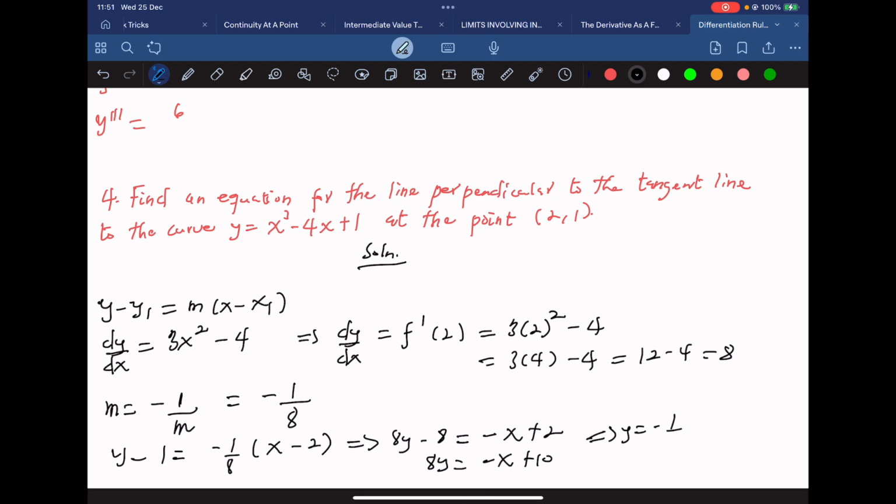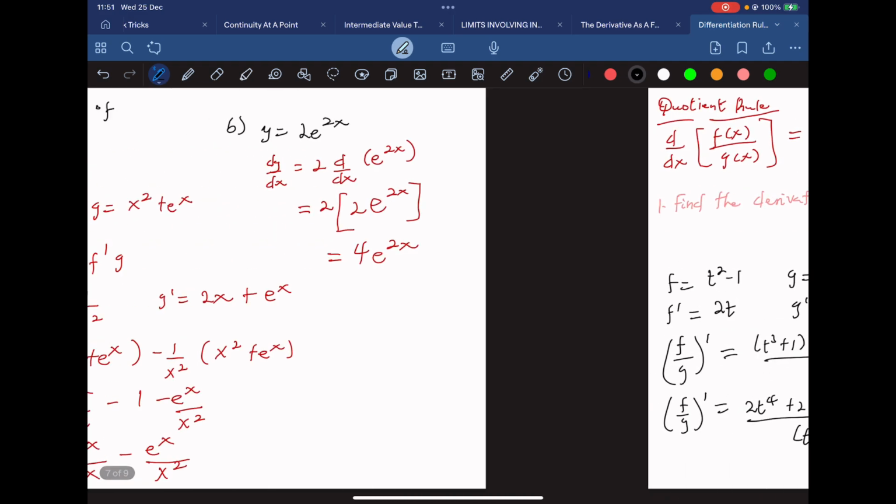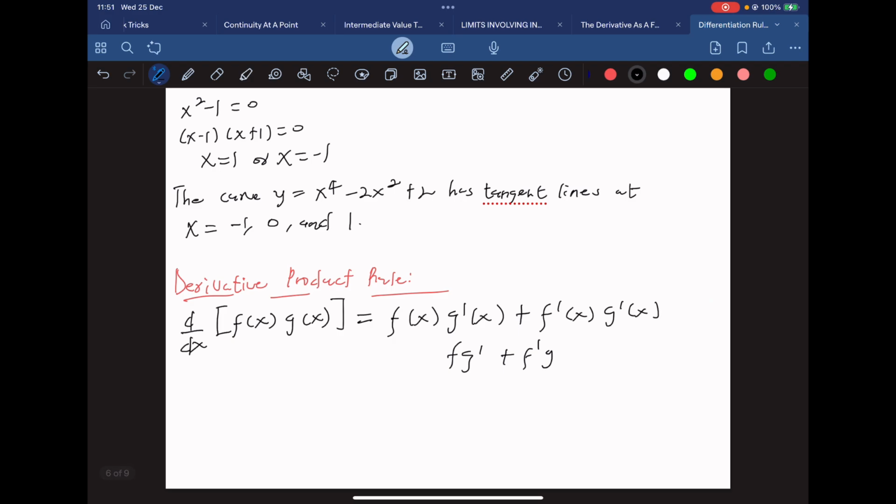So you have negative 1 over 8 x, then plus 10 over 8. And 10 over 8 is just 5 out of 4. So I hope you've understood the basic concepts that we did over here.